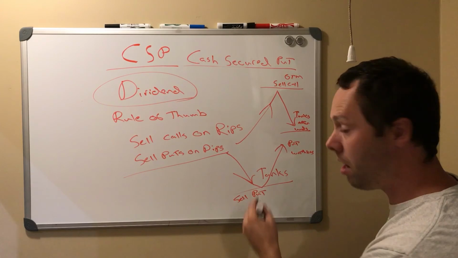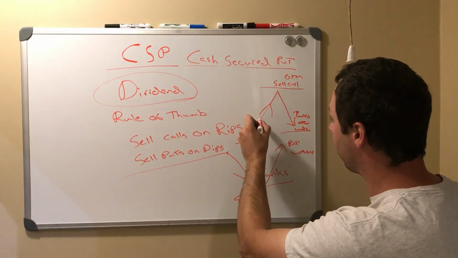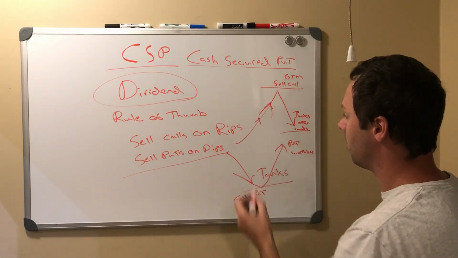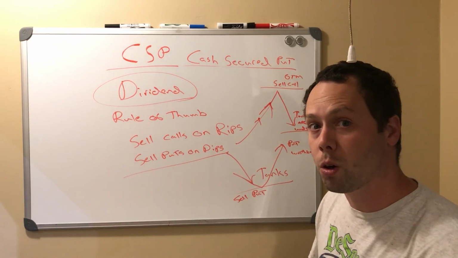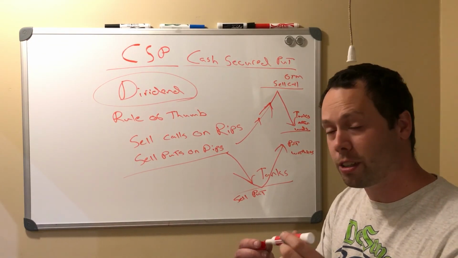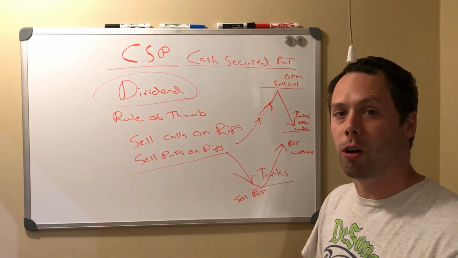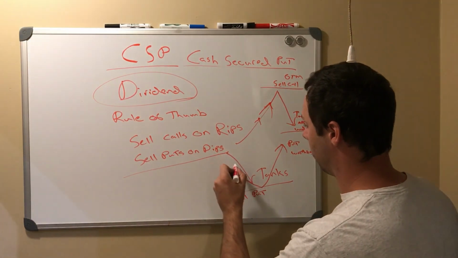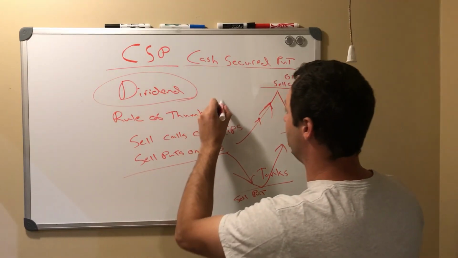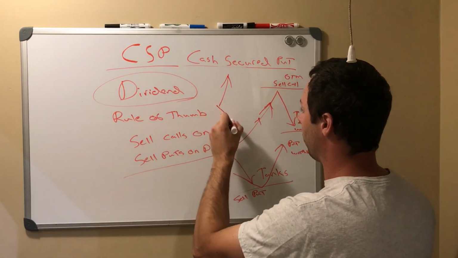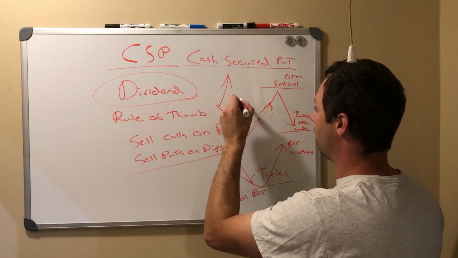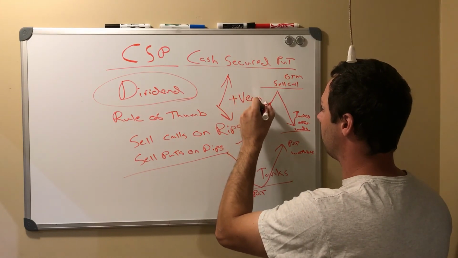Okay? And when the stock rips up like this, the call or put premiums are artificially inflated. What do you know? It's called Vega. Okay? So any strong move up or down, you have increased Vega.